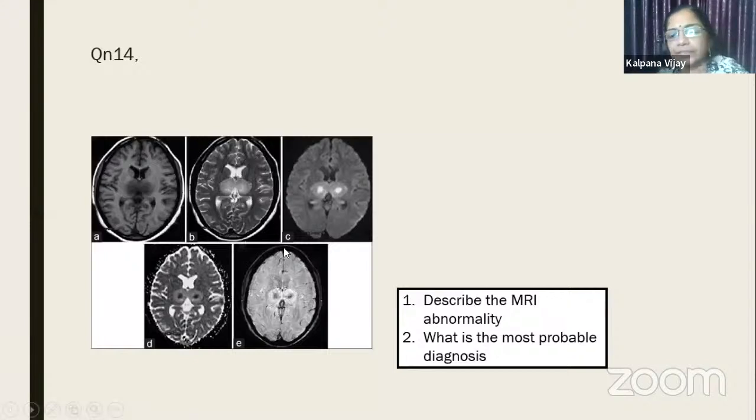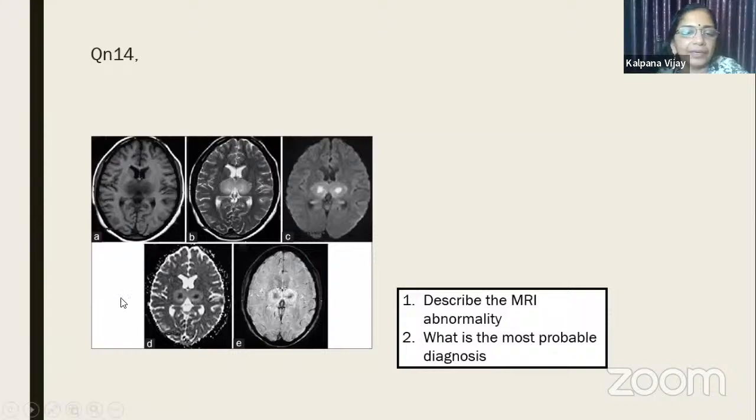In this picture, which is the area that is involved? Someone has put the diagnosis, but what is this structure? This is the thalamus.